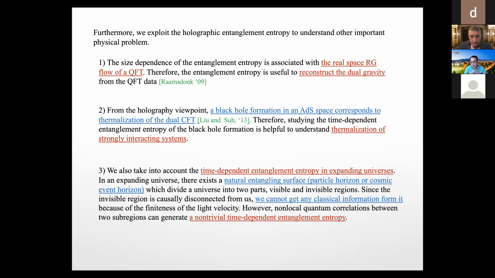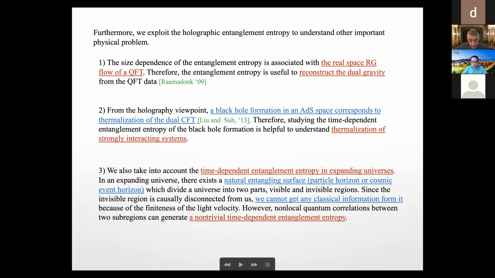When the universe expands, one observer cannot see outside of some specified region. That is called the cosmological horizon. So we can consider entanglement between the visible universe and the invisible universe, divided by these horizons.